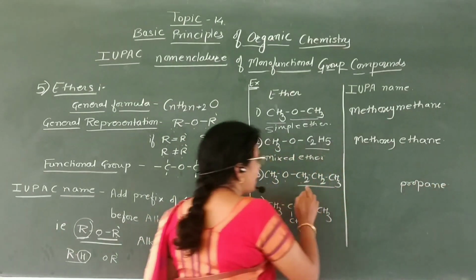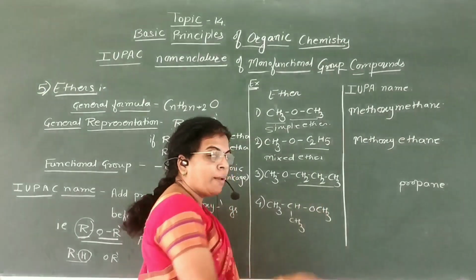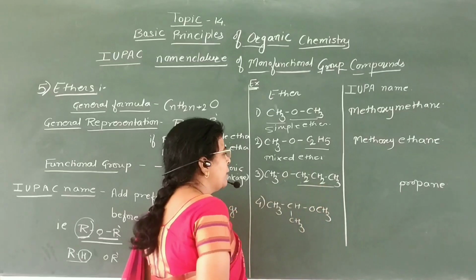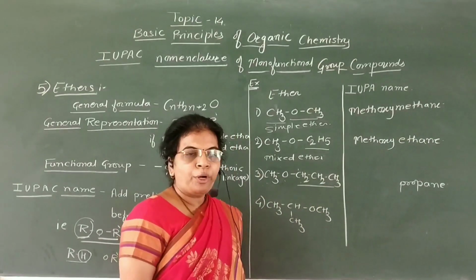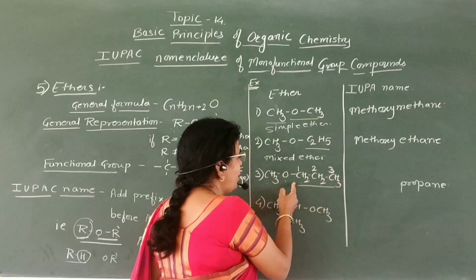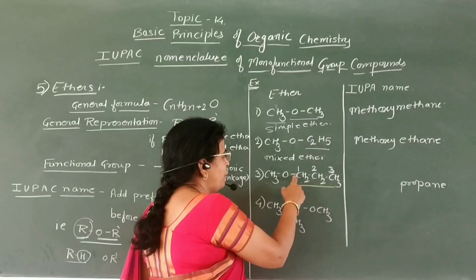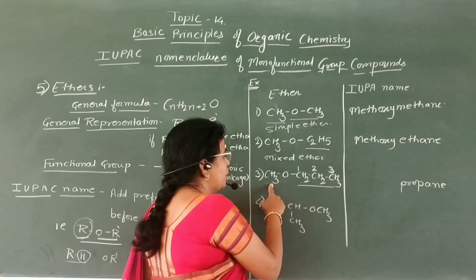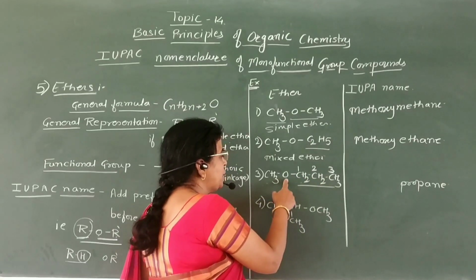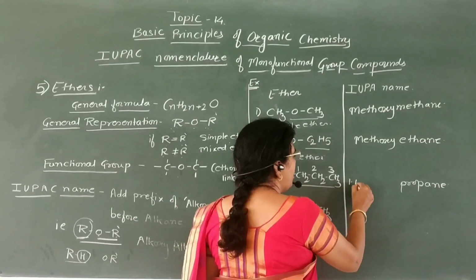Here there are more than 2 carbon atoms, so we have to give numbering to this chain from the carbon atom which is bonded to the functional group. Oxygen is the functional group of ether. Therefore it is 1, 2, 3, and at position 1 there is a methoxy group. Therefore the name of this ether is 1-methoxypropane.